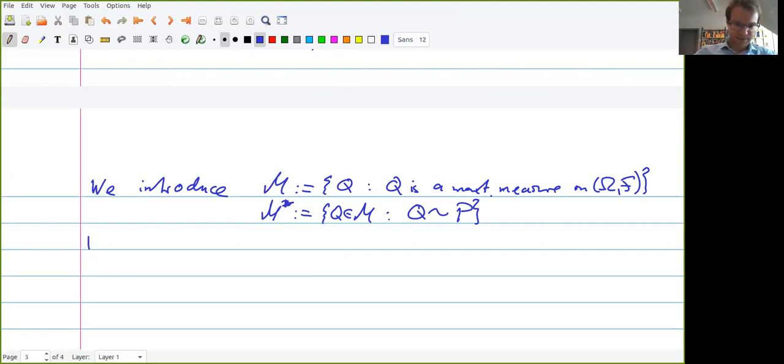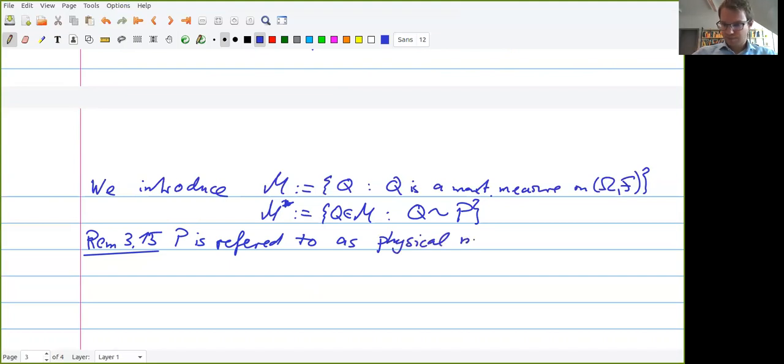In this context, the measure P, which was our underlying probability measure, also has a name. Here P is referred to as the physical measure. Currently you observe two measures.